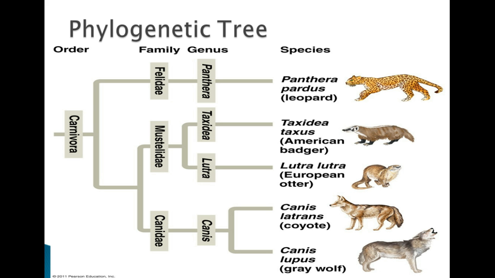Biologists now organize these classes into what's called a phylogenetic tree. You see an example of one here in this slide. A phylogenetic tree is a branching diagram that shows the evolutionary history of a group of organisms and includes the classification categories we just mentioned on this slide. Write that down.